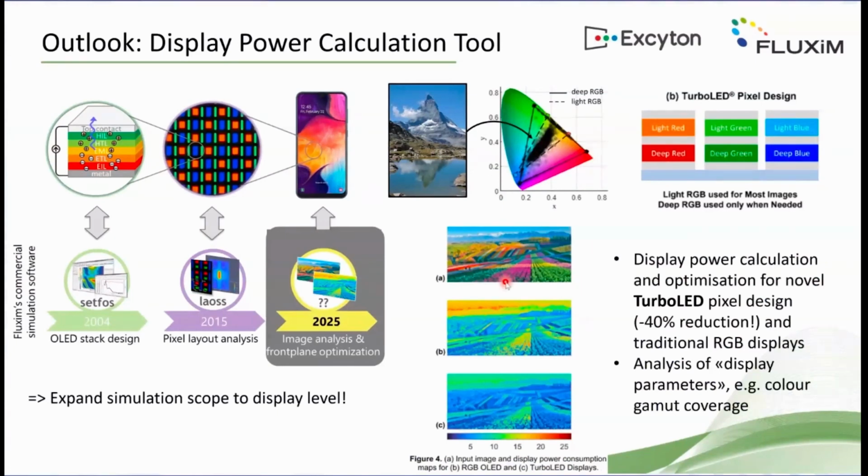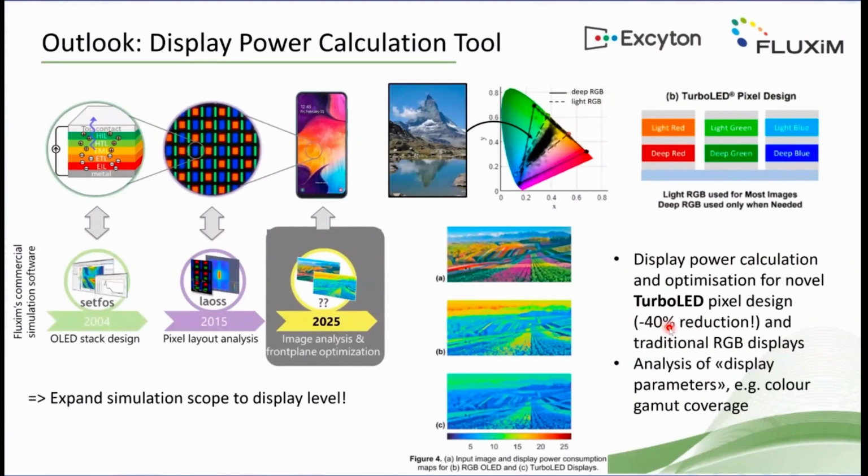Another example picture was calculated to check the standard RGB pixel power consumption, and here the advanced concept of turbo OLED. You see that there is much less intensity or power consumption for the new choice of subpixels, up to 40% reduction.